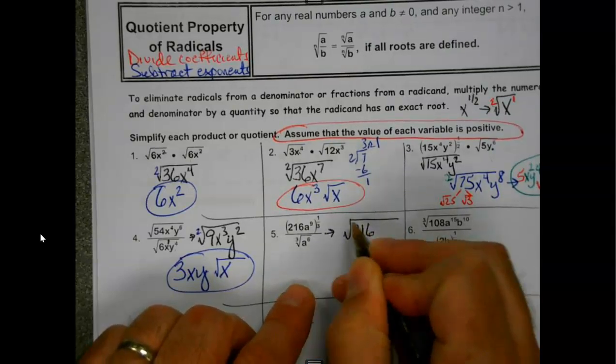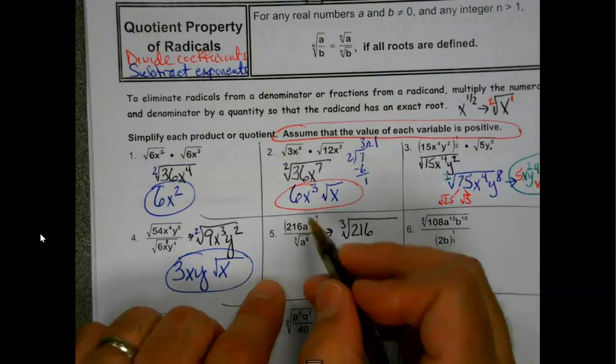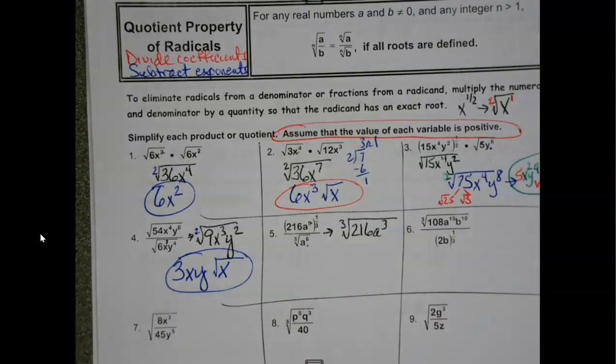The 216 I'm going to leave alone for a minute. 9 minus 6 is 3. And I'll get people here going, wait a minute. Why are you ignoring the 1/3? Don't you distribute that? Doesn't that become 3?